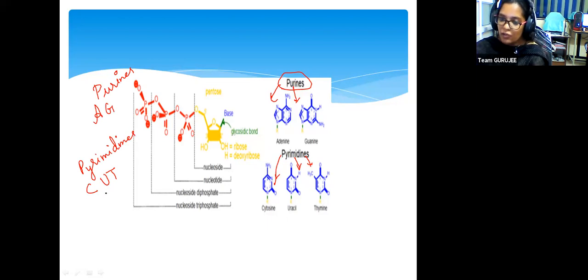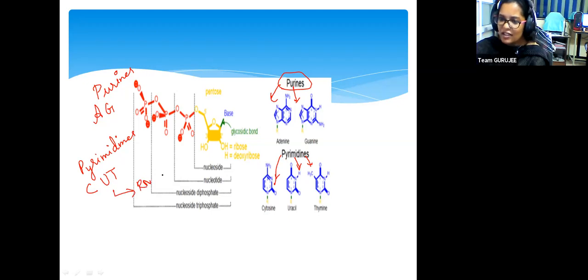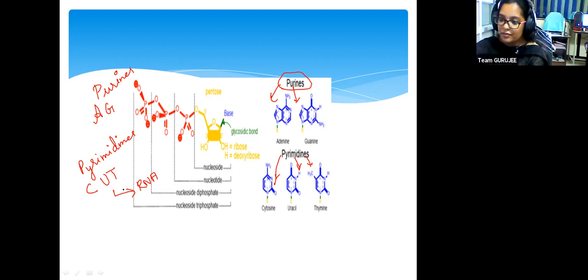In that, which is present in RNA? One pyrimidine is present only in RNA, not DNA. Which base is that? Uracil. So it is present only in RNA, and which is present only in DNA, whether it's cytosine or thymine?